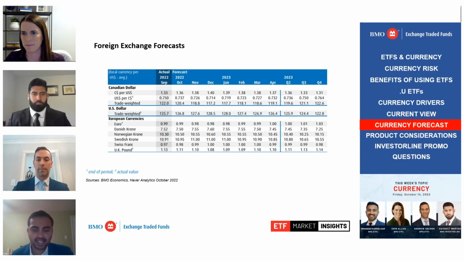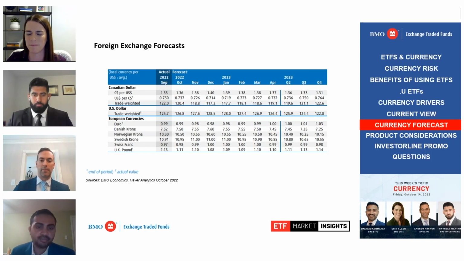However, as this recession fear starts to subside, as we see inflation start to come down, we should see a boost on the Canadian dollar. And you can see that at the end of Q4 of next year, the prediction of USD CAD is around 1.3, which is kind of the long-term average around 1.25 to 1.3.